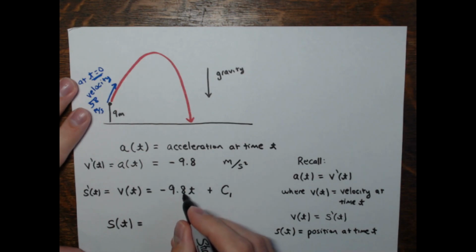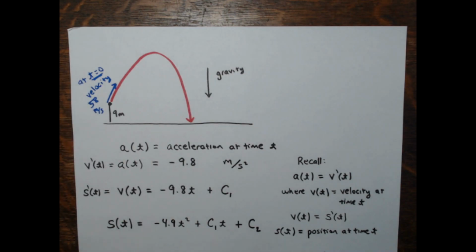That'd be negative 9.8 times half t squared. Now half of negative 9.8 would be negative 4.9. So we have negative 4.9 times t squared, plus c1 times t, that's just a constant, and then plus another constant. So again, I'll call this c2.